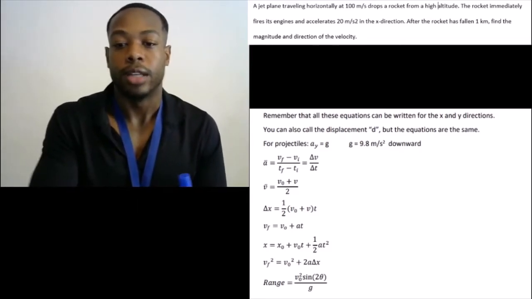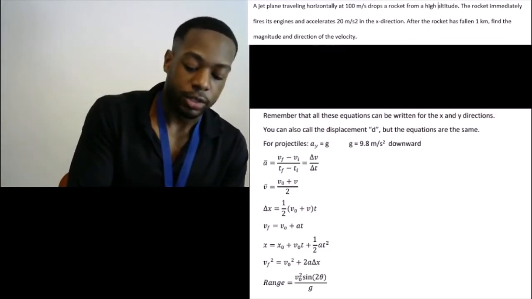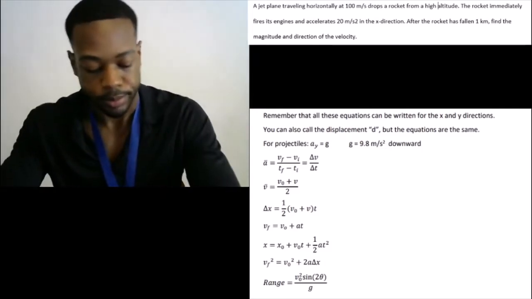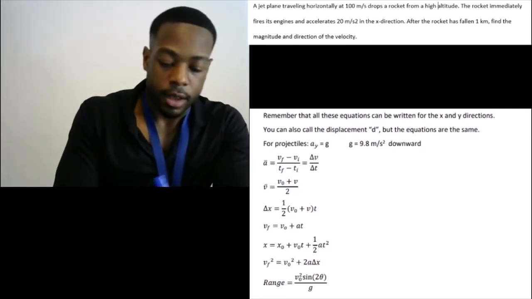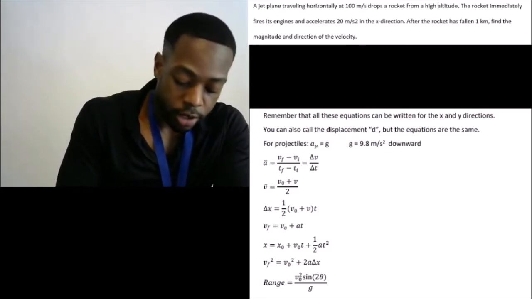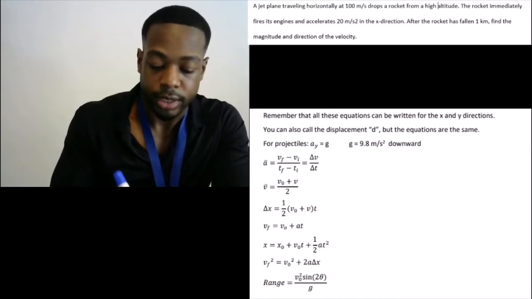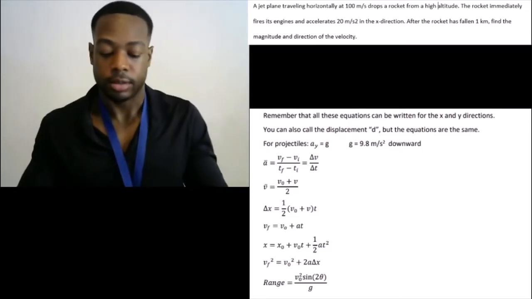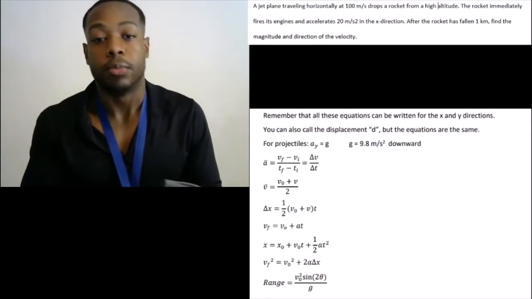So final velocity is going to be initial velocity plus acceleration times time. We've got initial velocity as 100 plus acceleration, which is 20, times the 14.3. Run out of space here. So do the math there.